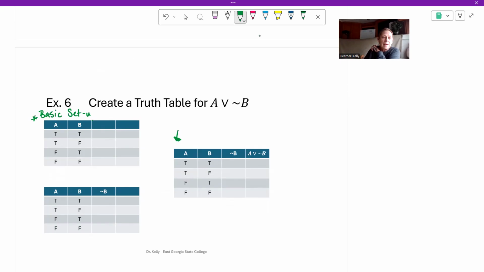No matter what it's asking you to do, if it's just two variables, this is how you're going to set up every single time. Your first column is going to be A, and you're going to list it as two trues, then two falses. And then your second column is going to be B, and you're going to list it as true, false, true, false.